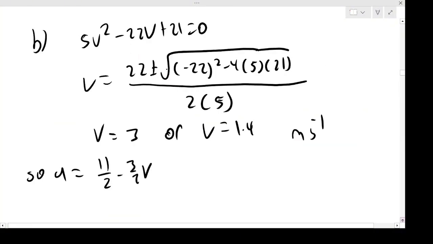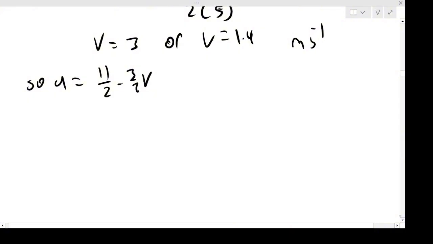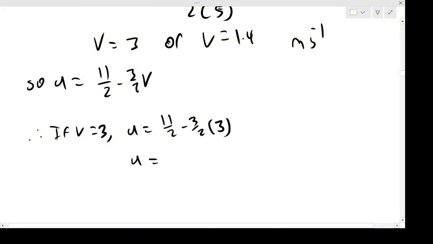Therefore, let's sub in our two values of v separately. So firstly, if v is 3, the corresponding u value is going to be 11 over 2 take away 3 over 2 lots of 3. Put that in the calculator. We're going to get 1. Okay.